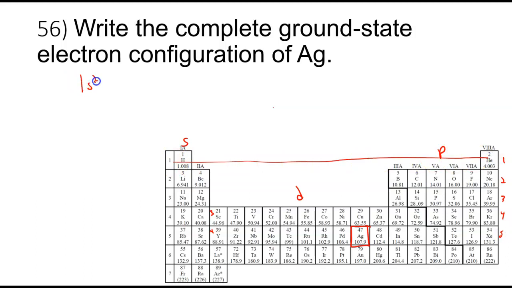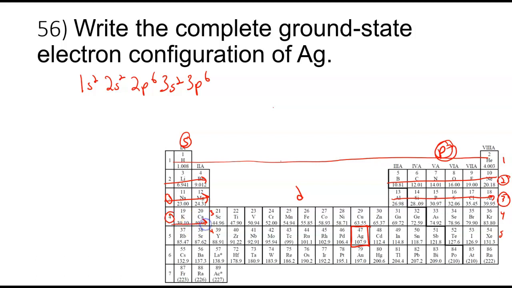1s2, 2s2. I'm just counting the boxes as you go across. We're still in 2. Now we're in p, 2p6. You're in 3s, 3s2. We're still in 3. This is p, 3p6. 4s2.